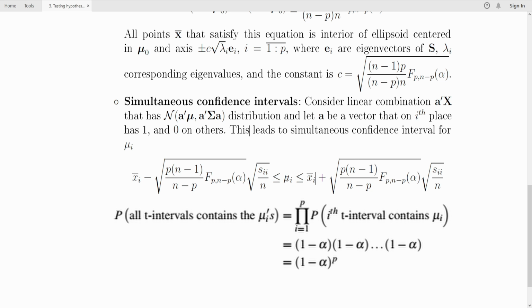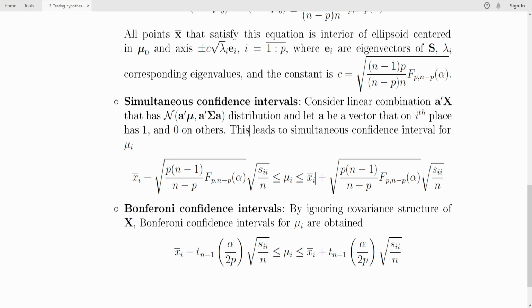In general, it is much smaller than the 1 minus alpha that we actually want. So we want the simultaneous confidence to be 1 minus alpha. So for that, with particular choices of A, we actually take the covariance structure into consideration. For example, instead of choosing A with 1 in one place, we can choose A as a general vector. We already talked about this.